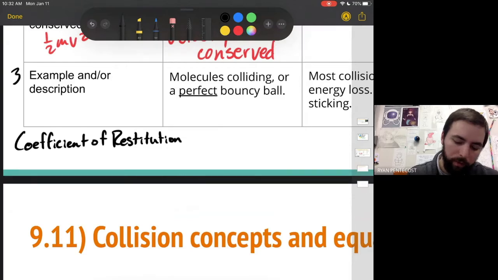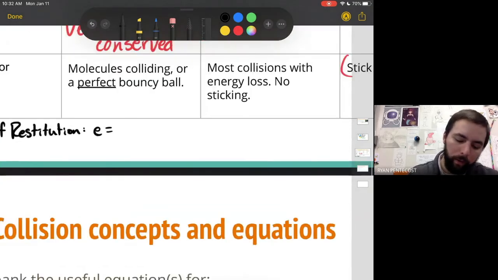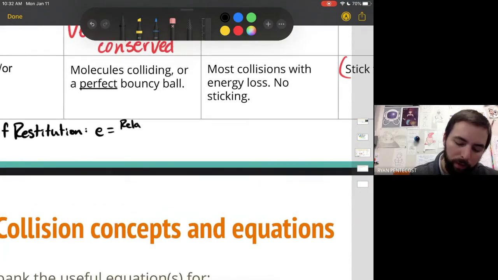And this is shown by e. Okay, and e equals a ratio. This is the ratio of your relative velocity after the collision divided by the relative velocity before the collision.